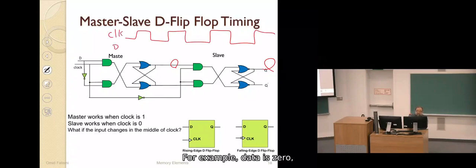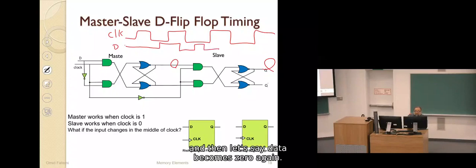For example, data is 0. Then data becomes 1 here. Then data becomes 0. Then data becomes 1. And then let's say data becomes 0 again, and so on.